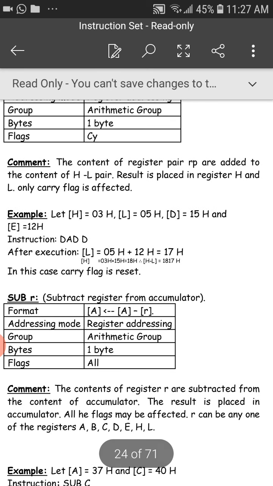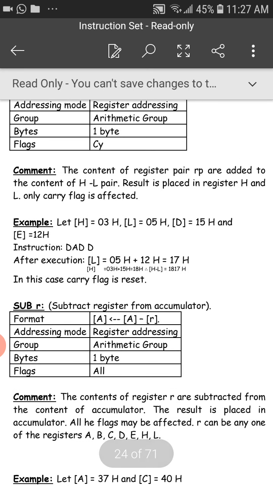So it adds the content of the register pair to the content of the HL pair. Understand? So 15H plus 03, and 12 plus 05. It adds the register contents.